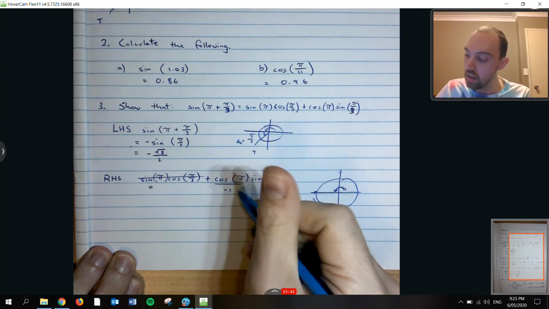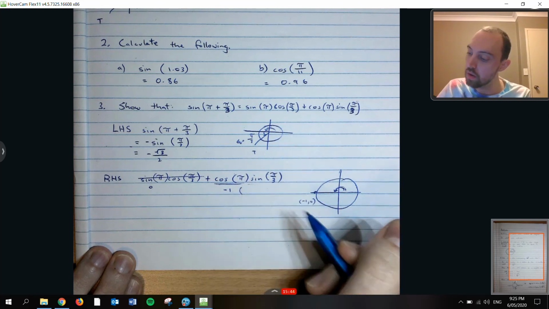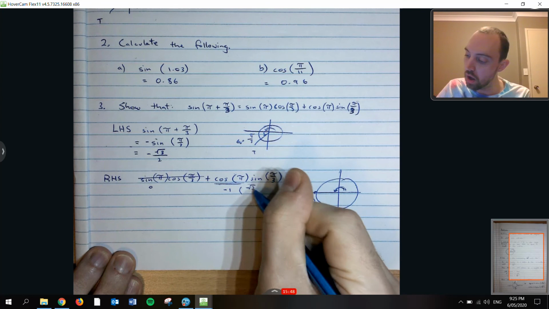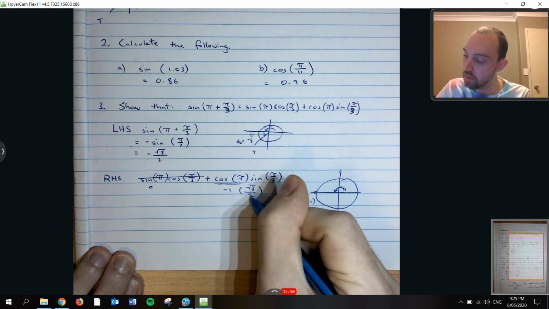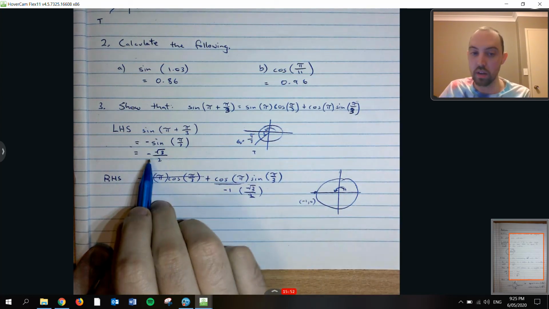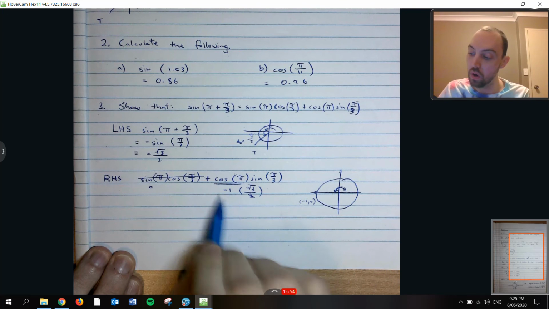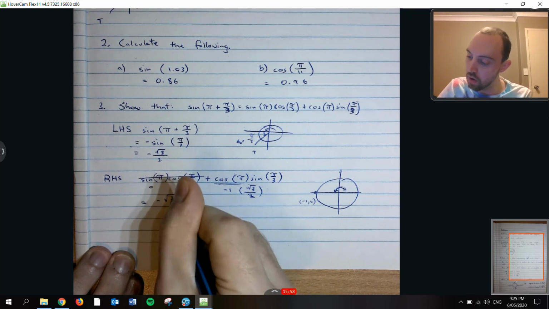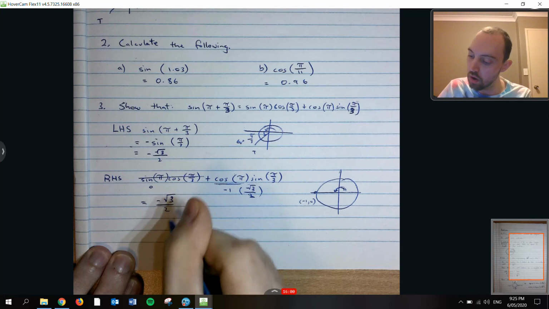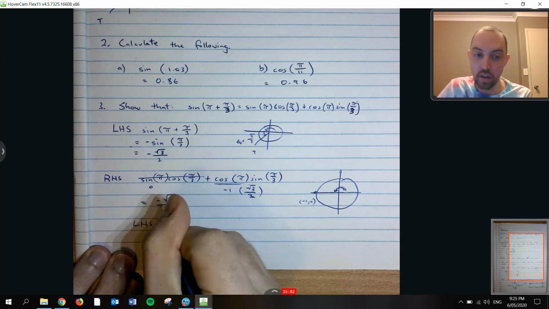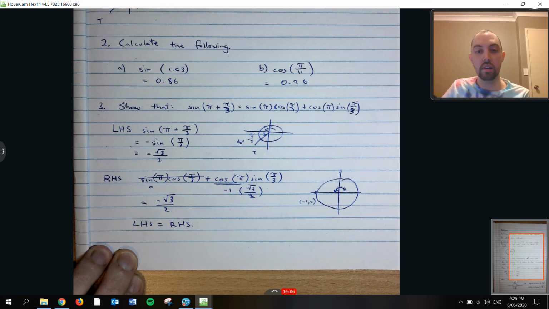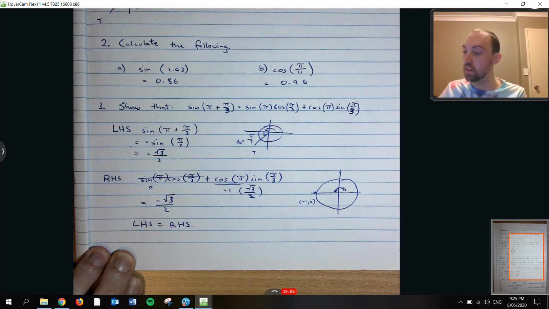It's root 3 on 2. This time it's positive though, because we don't have the negative out the front, although cos is now negative, so both sides are negative root 3 on 2. The left-hand side is equal to the right-hand side. So we've shown what we needed to show.